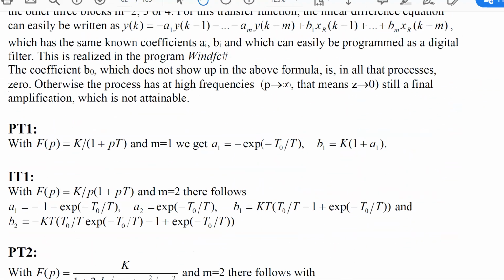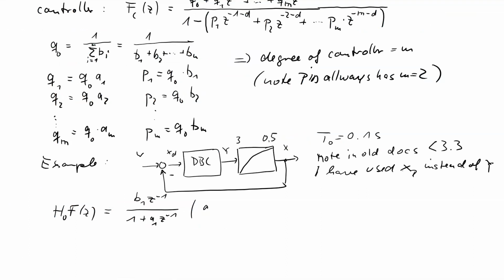For the PT1 case, here you see A1 is negative e to the power of minus sampling time divided by time constant. In our case, minus e to the power of minus 0.1 divided by 0.5.